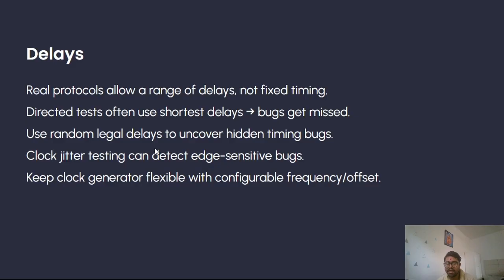Delays. Delays are a part of every communication protocol. A signal might come 1 to 3 cycles later, or data might show up anytime between cycle 4 and 10. But many testbenches just use the shortest delay to run faster. That can hide bugs. Instead use random legal delays in every test to explore the full range.